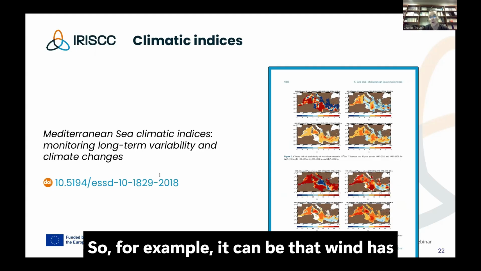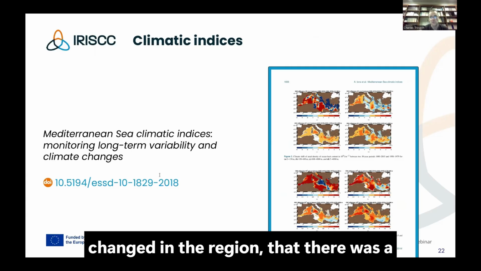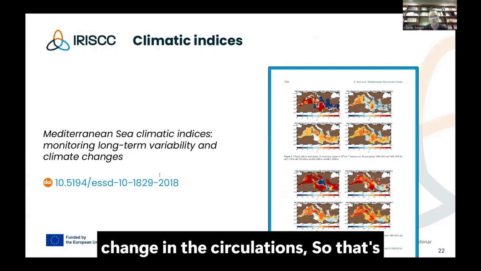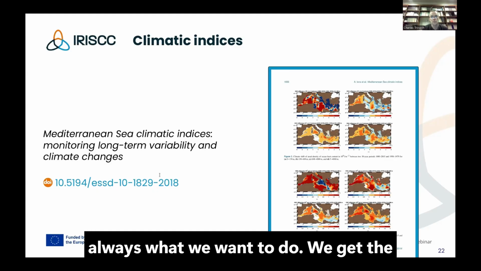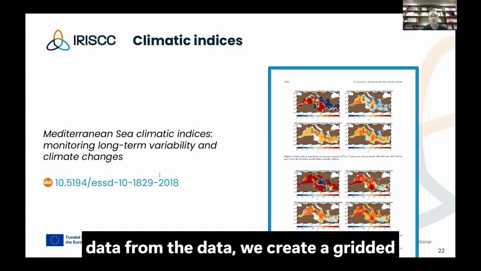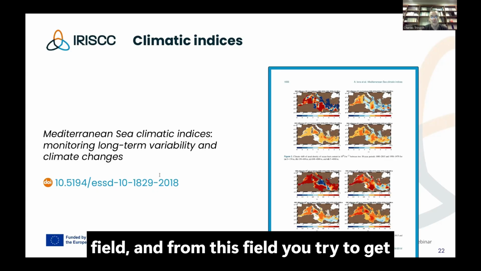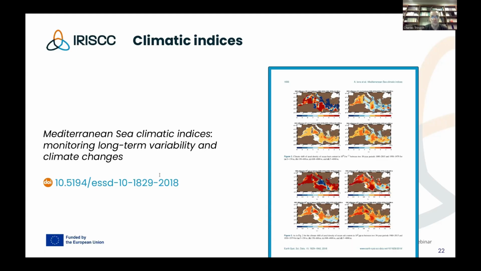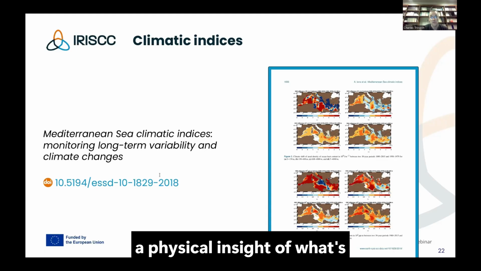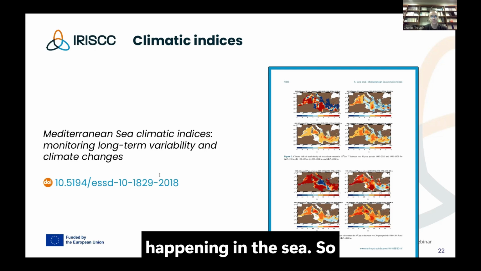So, for example, it can be that wind has changed in the region, that there was a change in the circulations. So that's always what we want to do. We get the data. From the data, we create a gridded field, and from this field, you try to get the physical insights of what's happening in the sea.